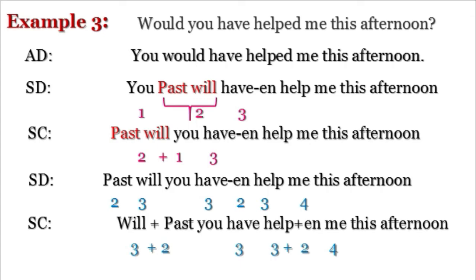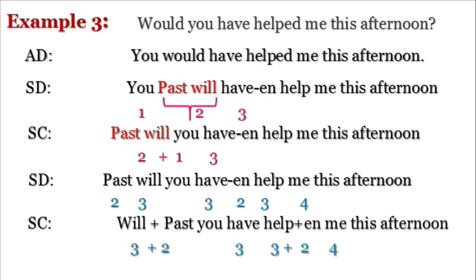Past will take number 2, will take number 3, have number 3, en number 2, help number 3, and the rest is number 4. In the structural change of affix hopping we will attach the affixes with their verbal elements.